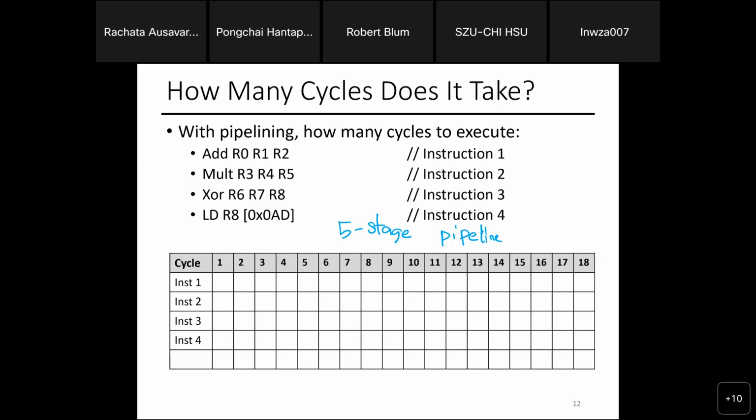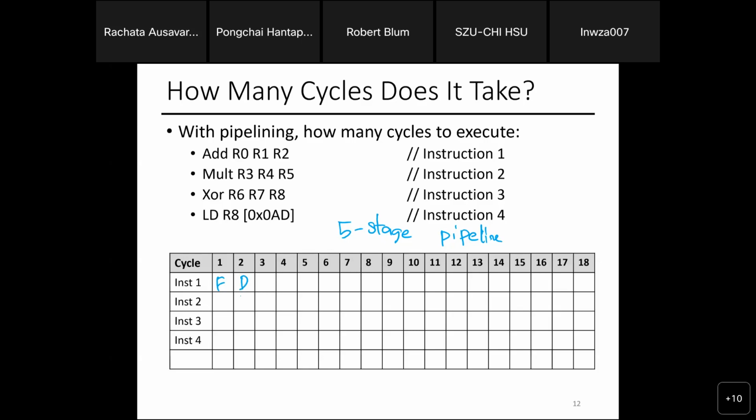All right, so let's do this example. For the add, first cycle in my design, I fetch the first instruction. For sure, that's the only thing I can do. Then I clock the next cycle. What can I do? Instruction 1 will go into the decode step.